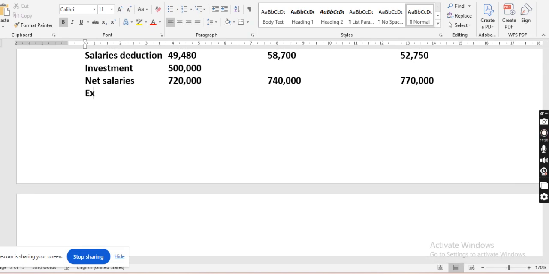So what is the expenses for July? 277,200. Next, 287,500. Next, 292,700. Then the deductions, net deductions.